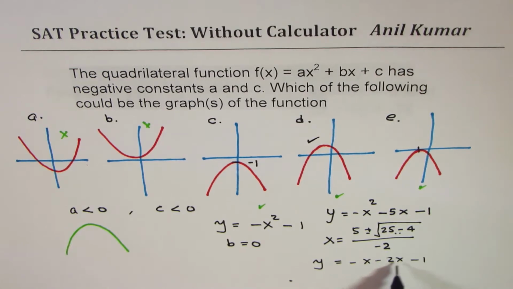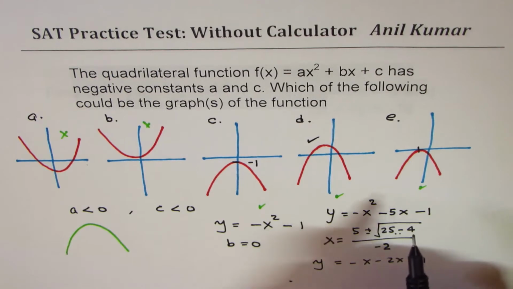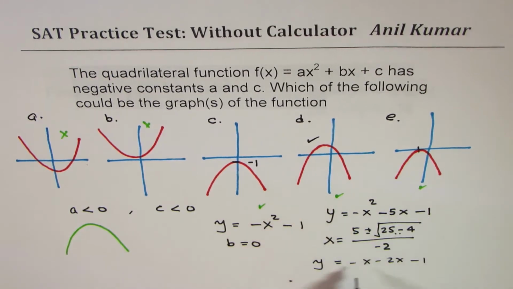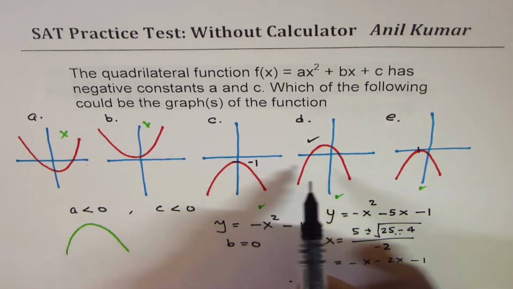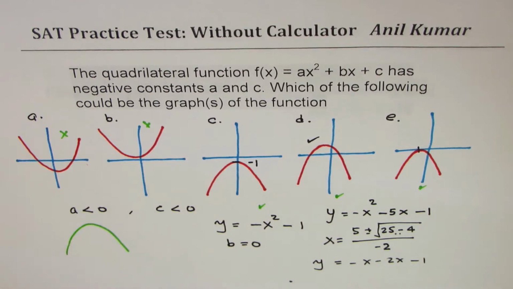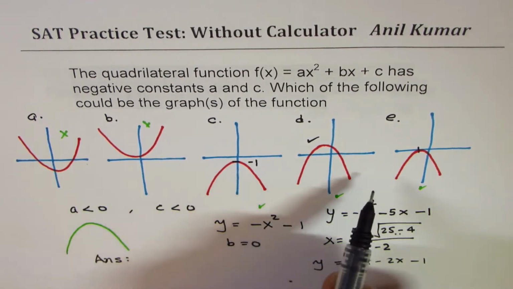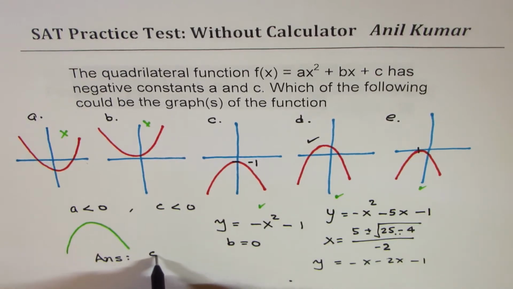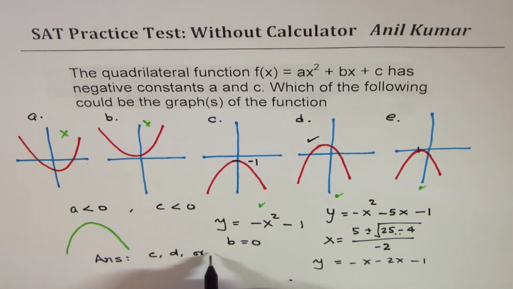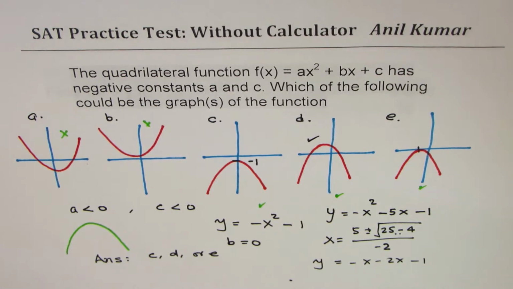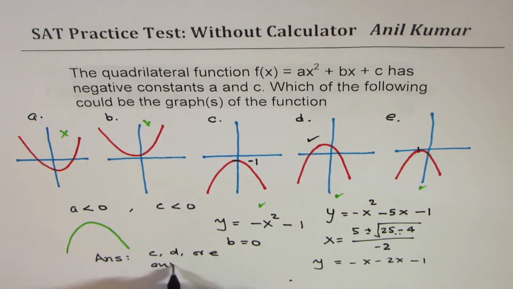That will give me this equation, right? So basically what we see here is that for different values of b, any of these 3 are possible. And therefore, our answer is going to be not just one of these, right? It could be C, D, or E, or any combination. Is it okay?